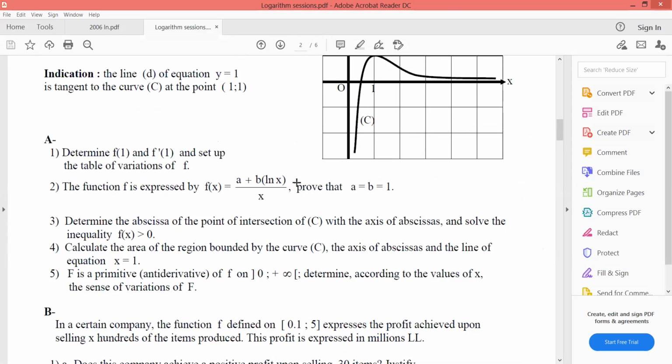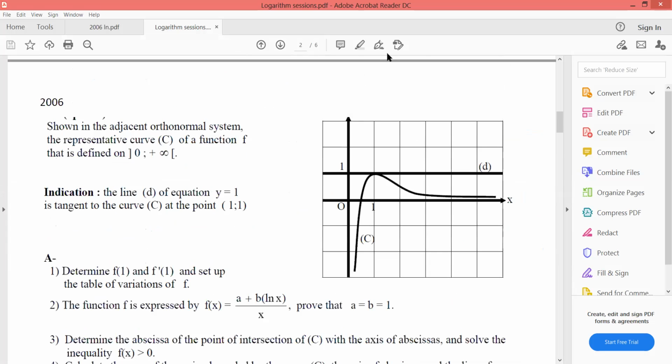This is the most difficult question. In the adjacent figure, we have the curve C of the function f over the domain 0 to plus infinity.